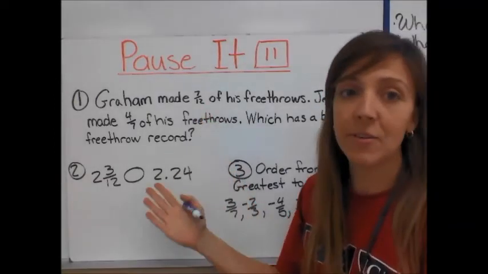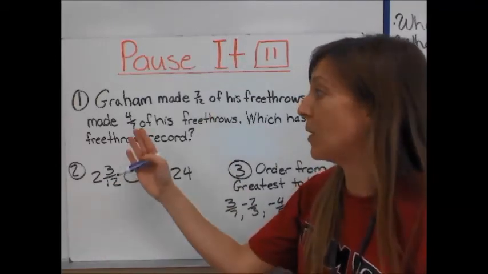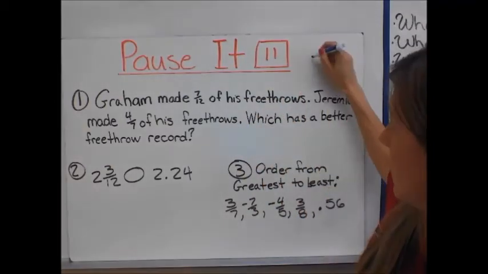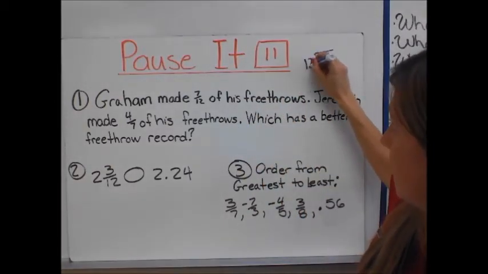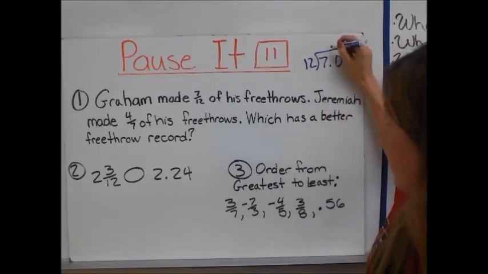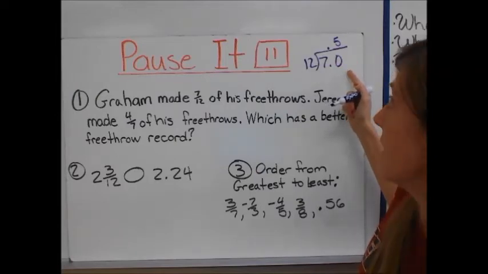Well, let's find out what 7/12 is when we turn it into a decimal and what 4/7 is when we turn it into a decimal. Got to put the top number in the house and divide it out. 12 goes 5 times into 70.